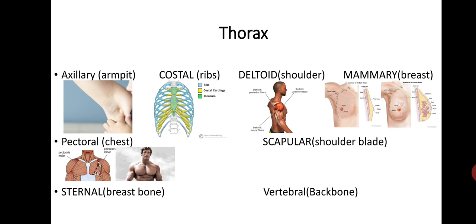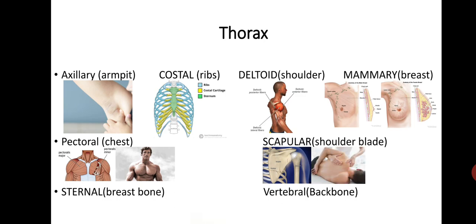Scapular, your shoulder blades, which are at the back of your shoulder. Sternal, the breastbone, which is in the middle of both the ribs. Vertebral, your backbone, in which your spinal cord lies.